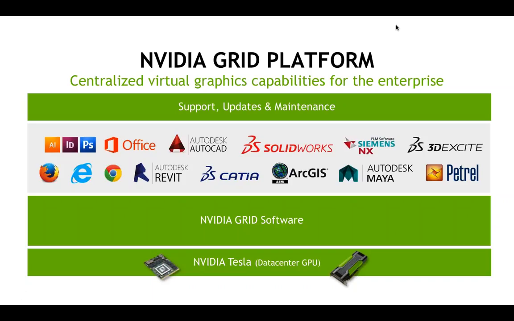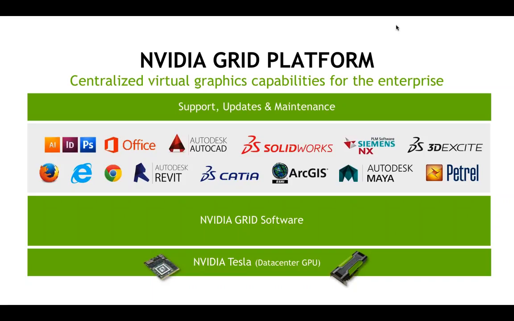What I want to start with today is explaining what the NVIDIA Grid platform is. From a platform perspective, NVIDIA Grid is really a software layer moving forward that resides on top of our Tesla data center GPUs. Tesla data center GPUs have been around for quite some time. We've made a couple of modifications to the Grid platform, and now the GPUs that you would be purchasing are all Tesla products moving forward.